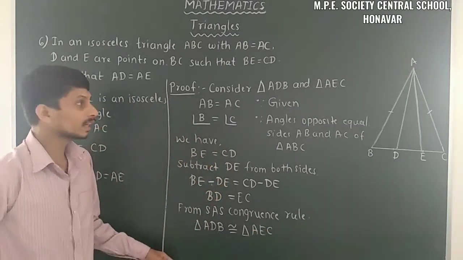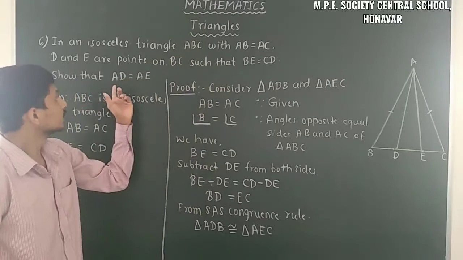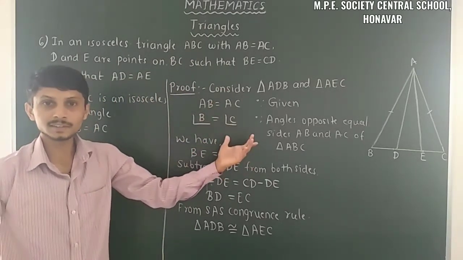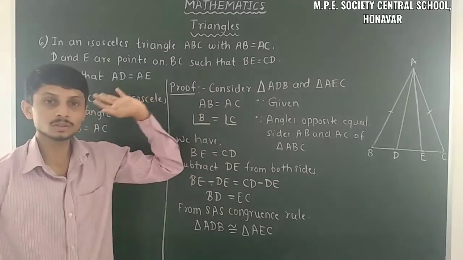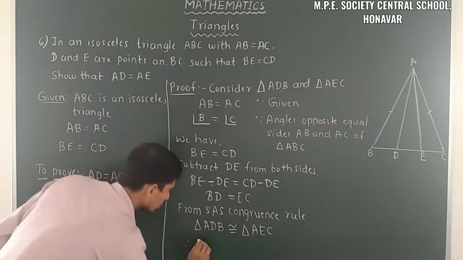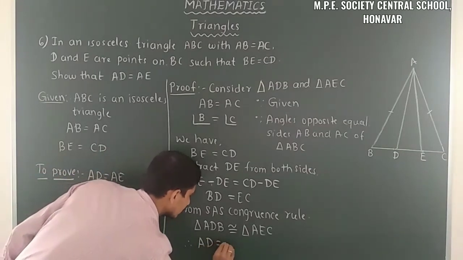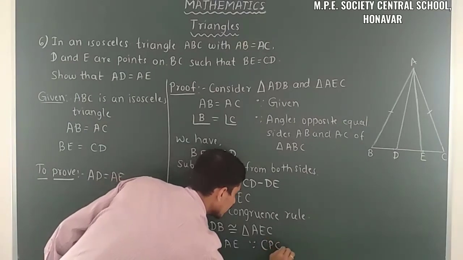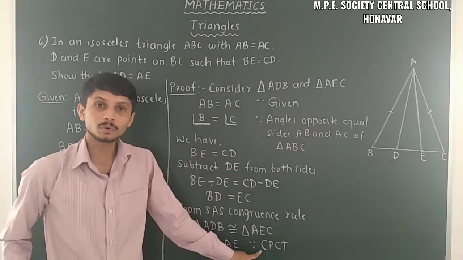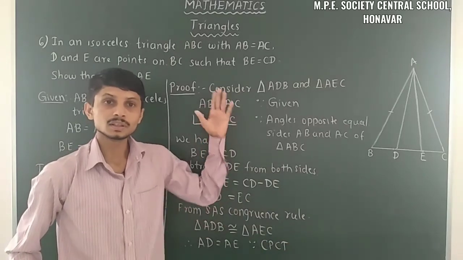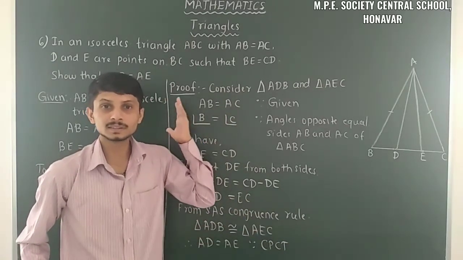So then we can take this AD and AE are the corresponding parts of congruent triangles. So that's why those two are also equal. Therefore, AD is equal to AE, because it's a CPCT, that is corresponding parts of congruent triangles. So this is the proof of this problem.